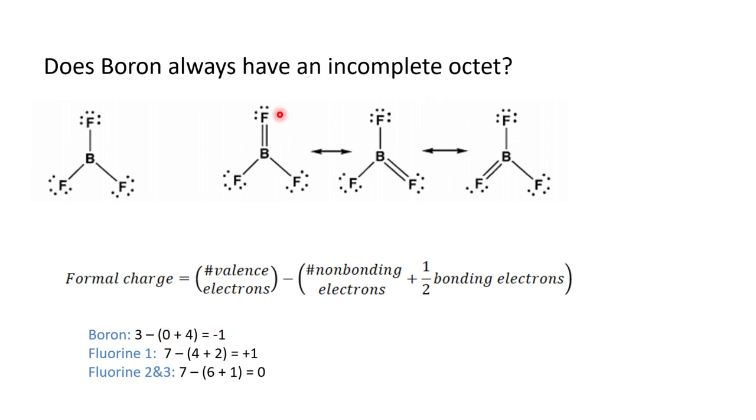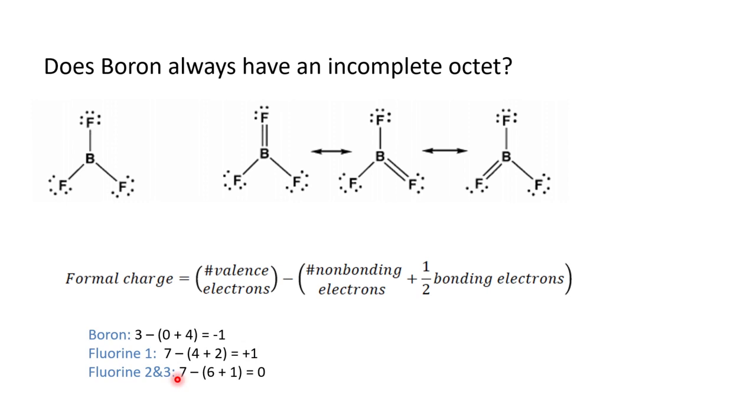Now if we look at the fluorine, we've got 7 valence electrons for fluorine and 4 non-bonding electrons, because that's these guys right here. And then there are 2 bonds, so there's a total of 4 bonding electrons. Half of that is 2. So 7 minus 6 is +1.